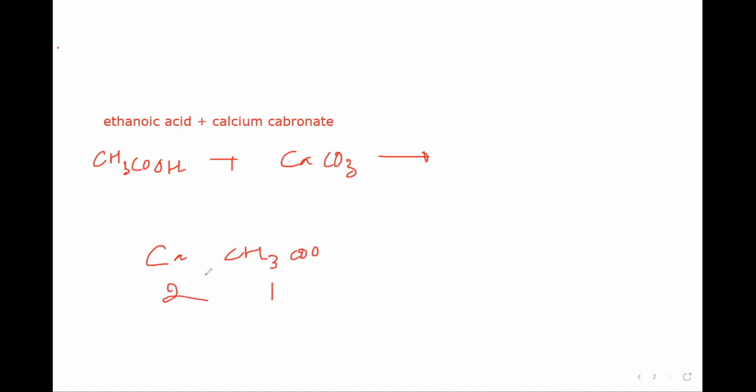So ethanoic acid, CH3COOH plus calcium carbonate, both have a valency of 2. Calcium, CH3COO minus, right? So 2 and 1, you cross it. Write the products.